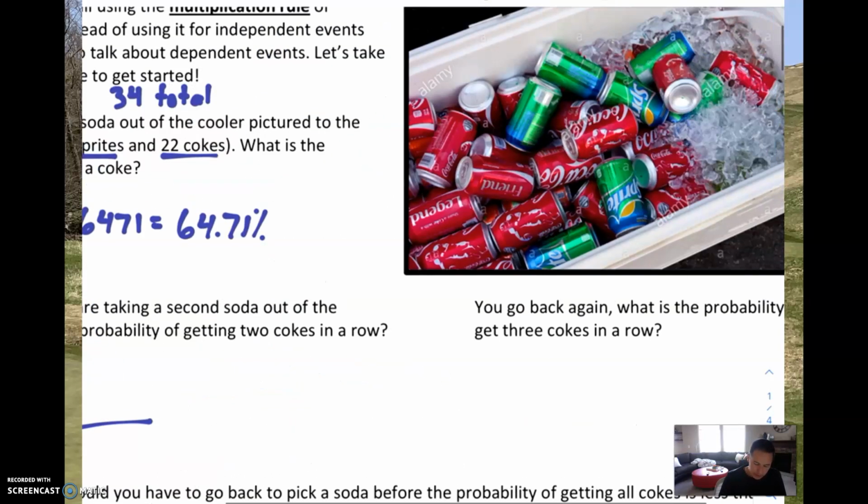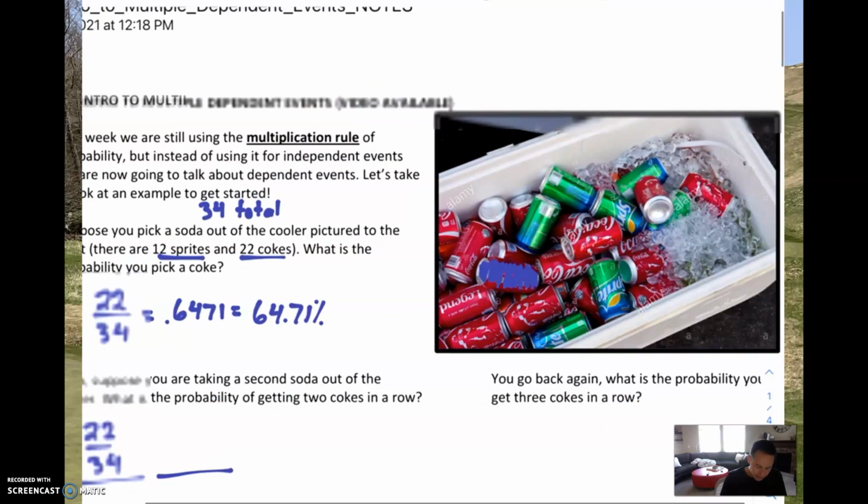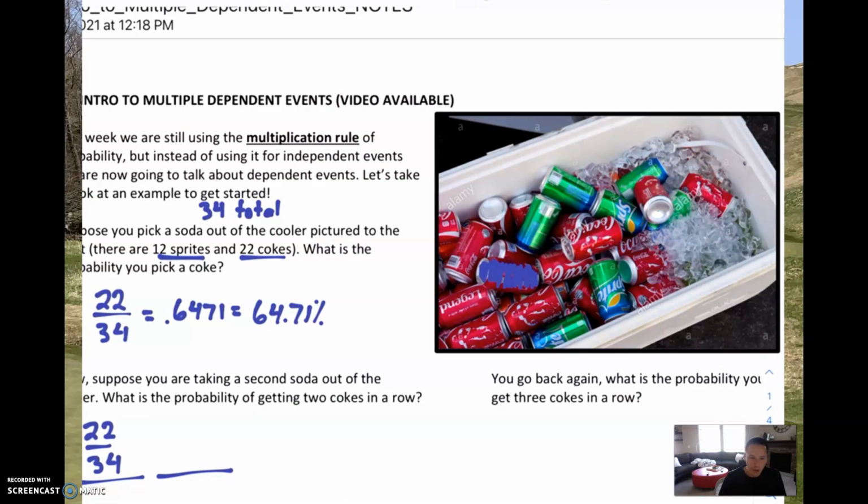So now I'm going to look at this picture here, and I'm going to scribble this one out. We picked that one. Now you'll notice there aren't 34 total to choose from anymore. And there aren't 22 Cokes left anymore because we selected one of them and we took it out. We didn't put it back in. We took that Coke and we put it off to the side.